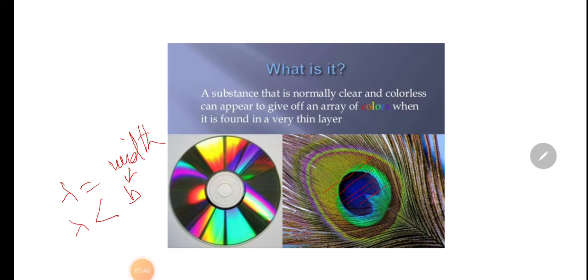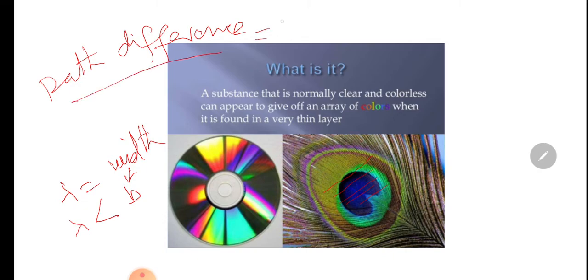Now, the path difference between two light rays which interfere constructively or destructively: if the path difference is an integral multiple of the wavelength, m lambda, where m is equal to 0, 1, 2, 3 and so on, then constructive interference will take place.